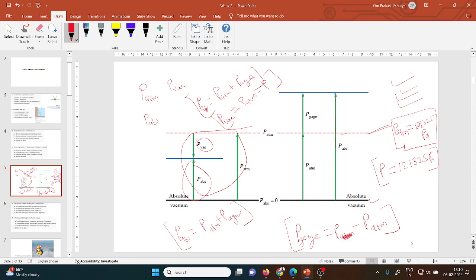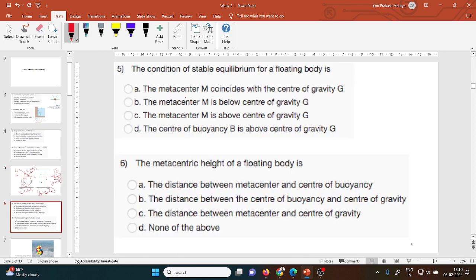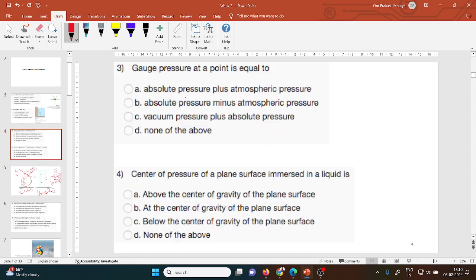Now the question based on that. The first question: gauge pressure at a point is equal to what? You have 2 or 3 minutes, give your answer A, B, C or D, or write it in the chat box.